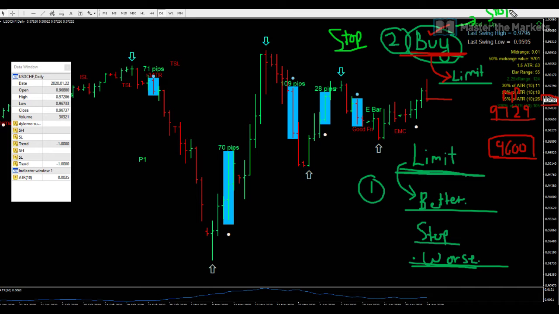Buy stop means I'm buying at a worse price. If I'm buying at a worse price in relation to the market price, I'll be buying higher as a buyer. Yes, you're right. 9,800 would be a higher price and therefore a worse price than the market at the moment.